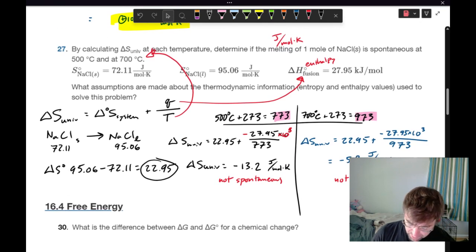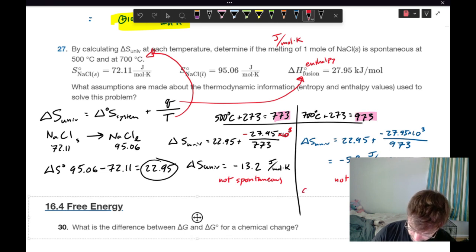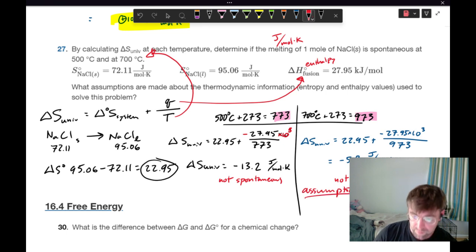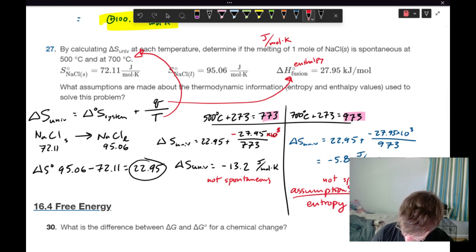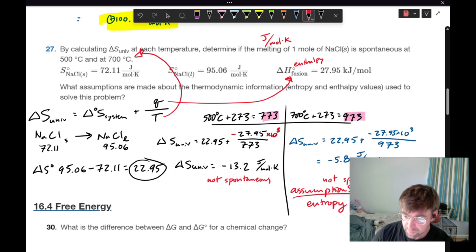So what assumptions are made about the thermodynamic information, entropy and enthalpy values used to solve this problem? First is that for entropy, looking at those delta S naught values, we were working at standard temp, which is 298.15 Kelvin, if you want to be more precise.